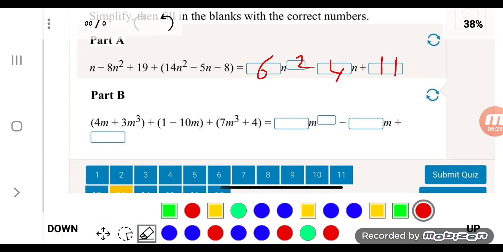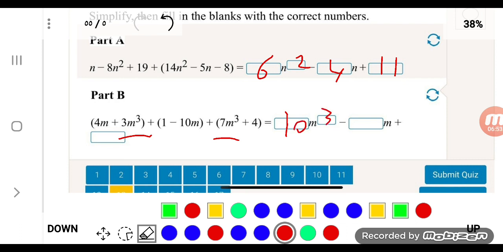Part B now. In part B, here you have 4m plus 3m cubed. What are the like terms? The like terms are here 3m cubed plus 7m cubed. You get 10m cubed. So here you write 10 and here m to the power of 3.